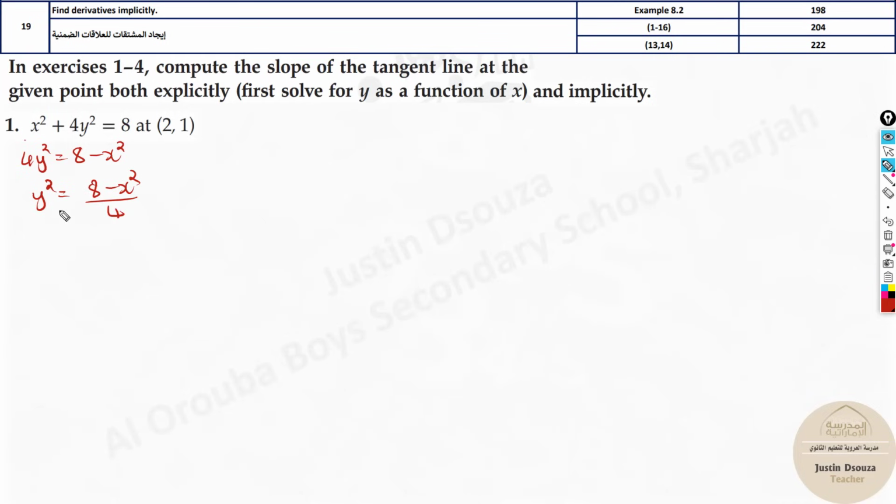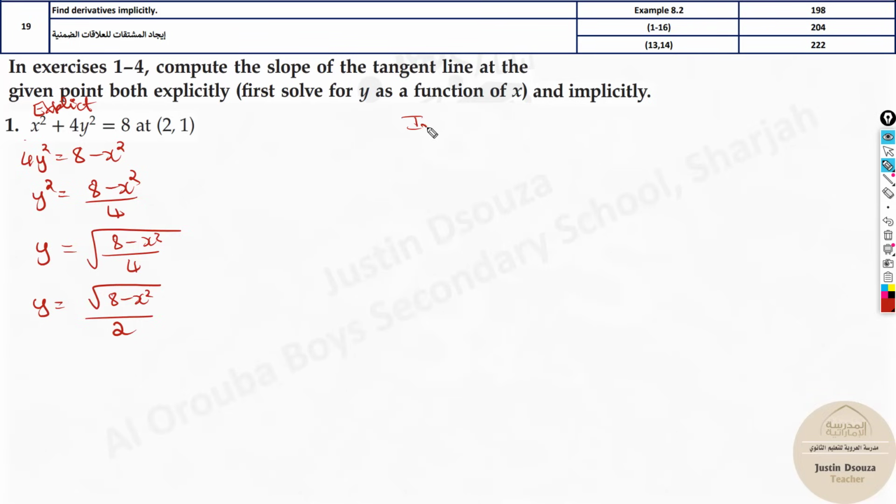Now take the square root on both sides, which gives us square root of 8 minus x squared by 4. If you simplify it further, you will get square root of 8 minus x squared divided by 2. Okay, this is y alone on one side, and we have all the other terms over here. This is explicit.